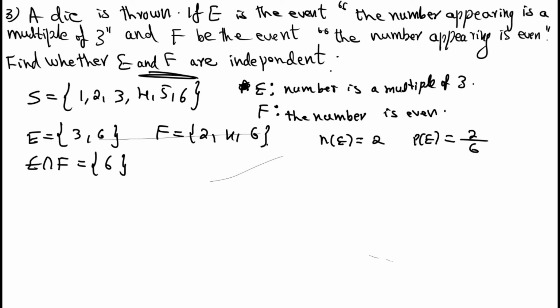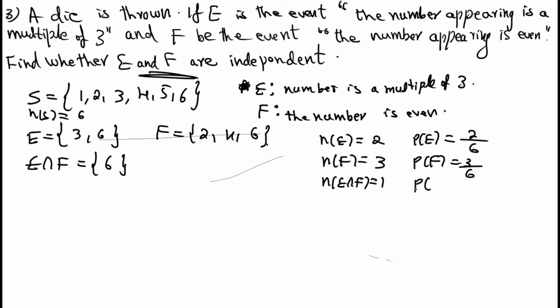Why 2 by 6? Here you can see n of S value is equal to 6. Then n of F is equal to how much? 3. What is probability of F? Probability of F is equal to 3 by 6. Then n of E intersection F is equal to 1. That means probability of E intersection F is equal to 1 by 6.